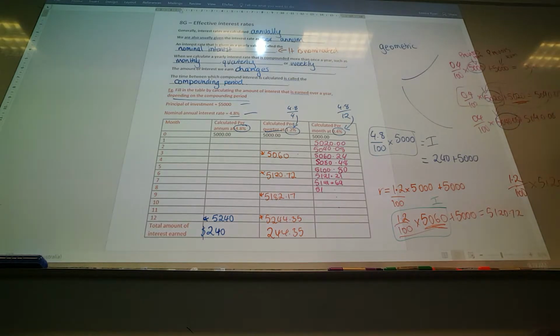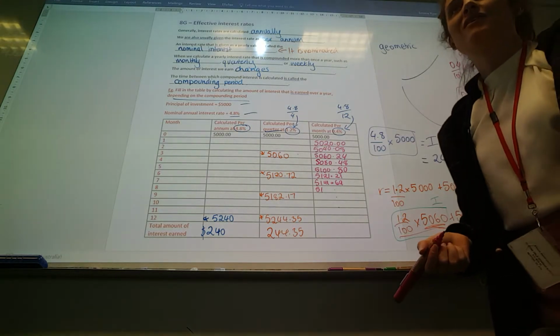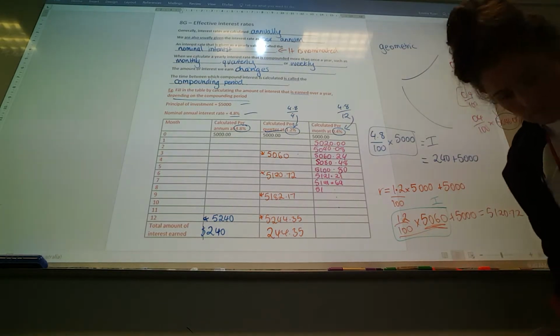So rate over 100 times previous term plus previous term. I've done 1.2 divided by 100. That's why. Oh my god. So you did? Yes.